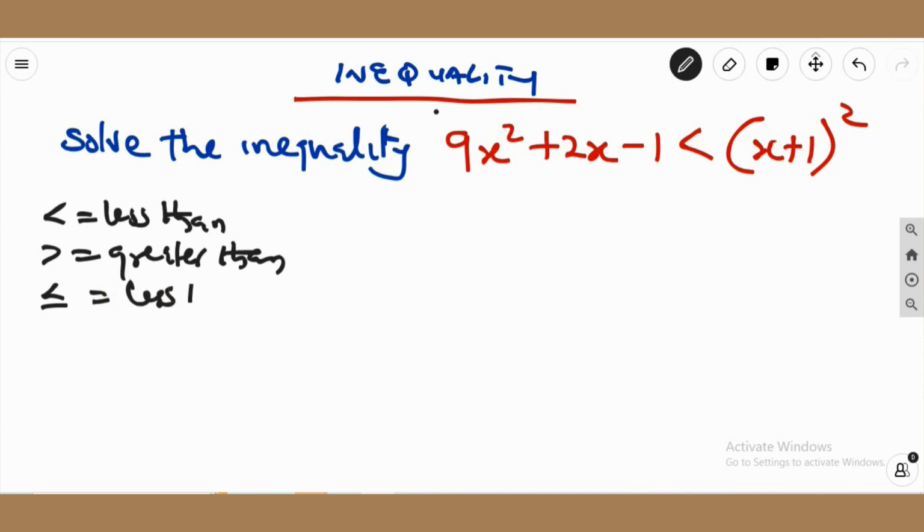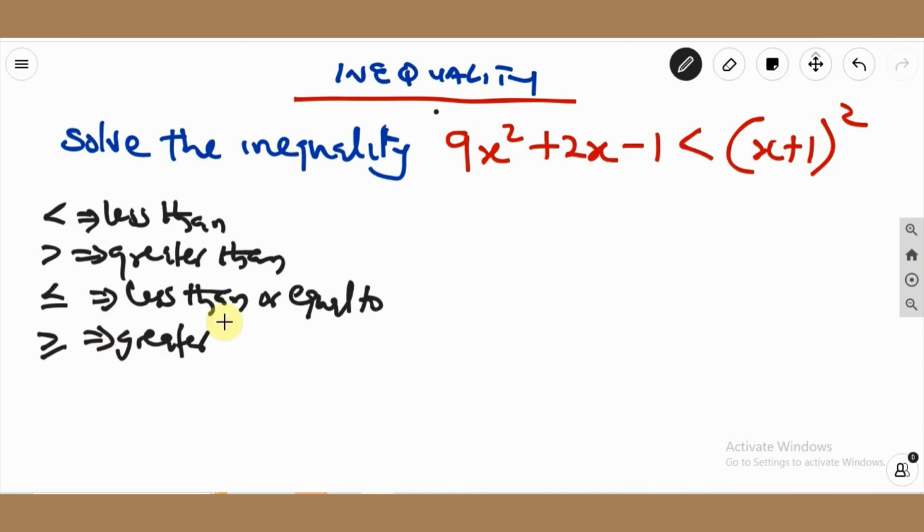And if it is like this, it is called greater than or equal to. Okay, these are the signs.